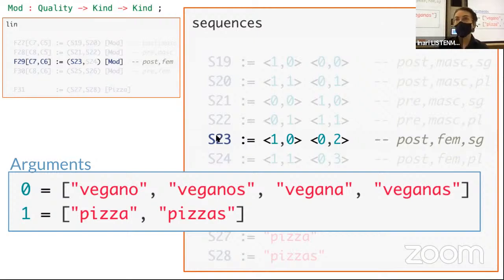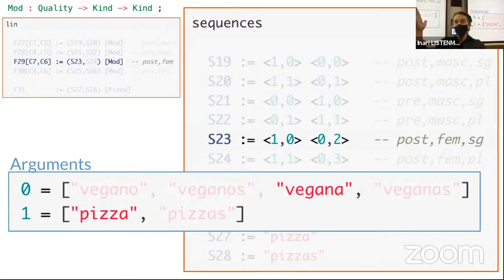So what does it do? It's zero indexed. So this means pick the first string of the second argument and pick the third string of the first argument. Now you should be able to predict which ones will be chosen. The first one is going to be pizza, because that comes from the second argument. You can see the type of mod right here up in the corner: the first argument is quality, and the second argument is kind.